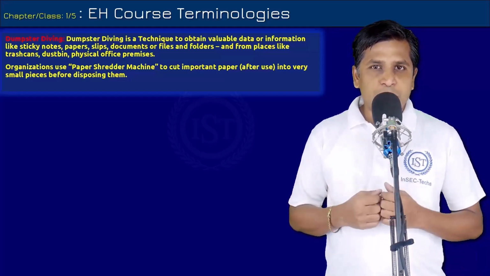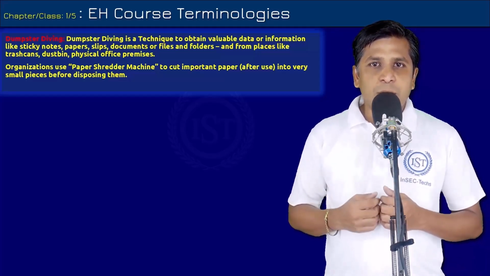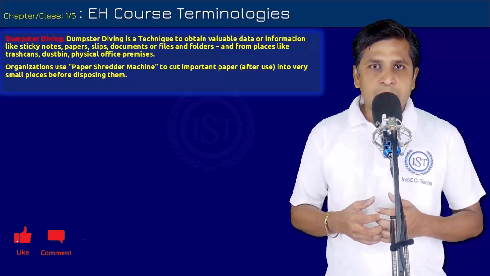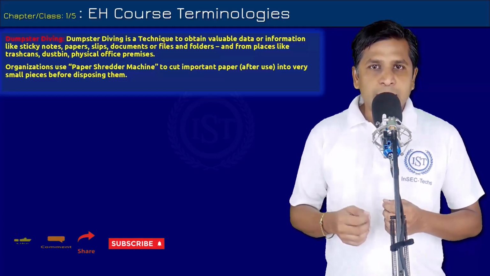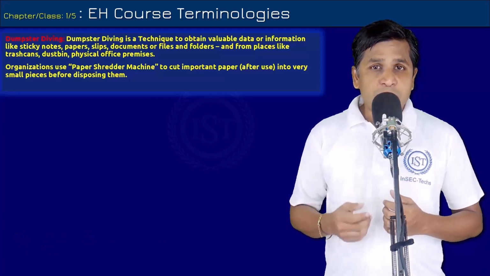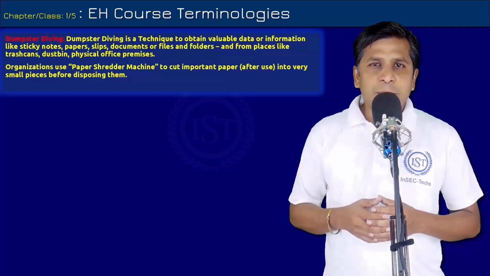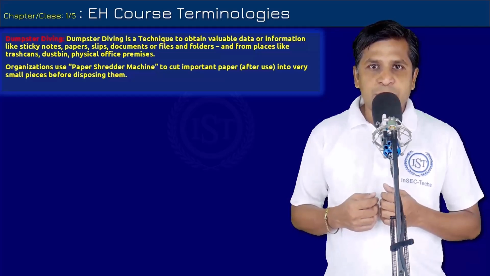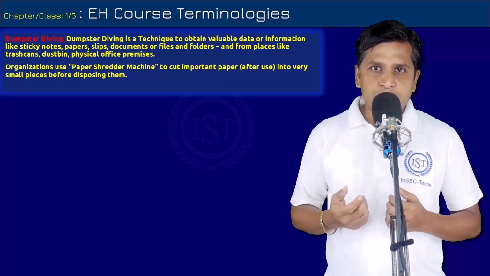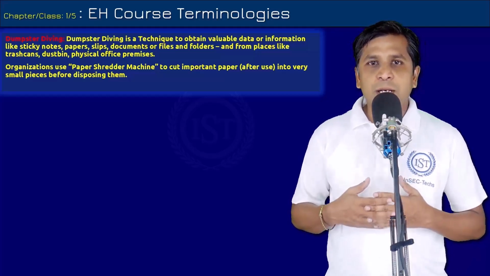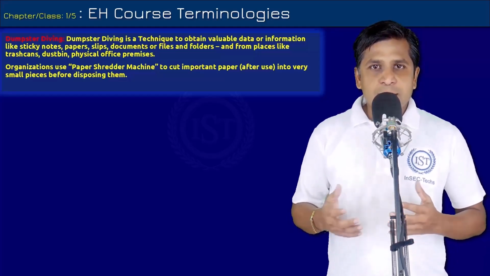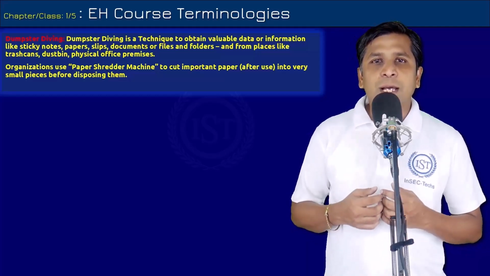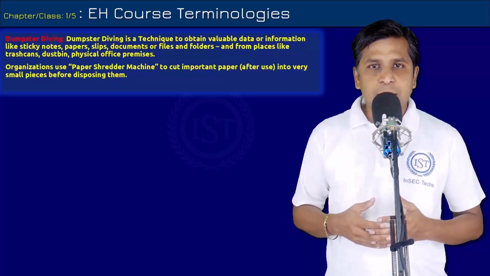So these cyber criminals search for papers, sticky notes or other materials containing information in dustbins, trash cans or even office premises, and they take them to their place and read out or enumerate all the information available in those papers that could assist them in performing a cyber attack. So dumpster diving is simply a form of cyber attack where the attacker searches for valuable information in trash cans, dustbins or office premises.